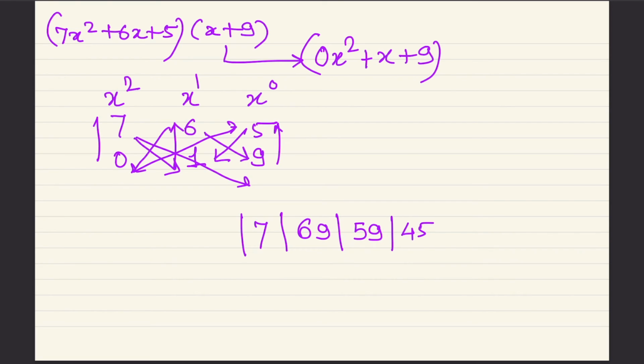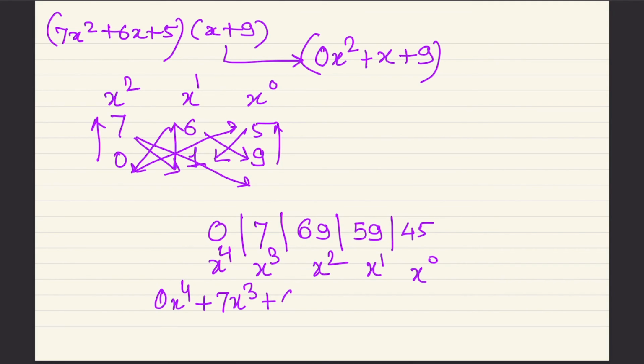And last, the first vertical, it is 0. Then write x power 0, x power 1, x power 2, x power 3, x power 4. So our answer is 0 x power 4 plus 7x cube plus 69x square plus 59x plus 45.